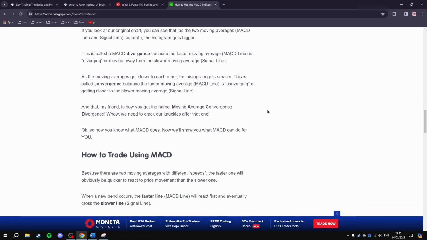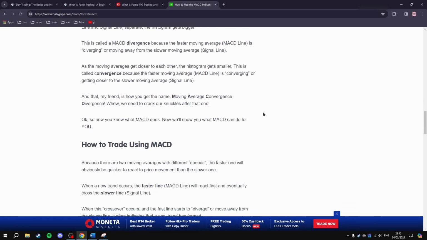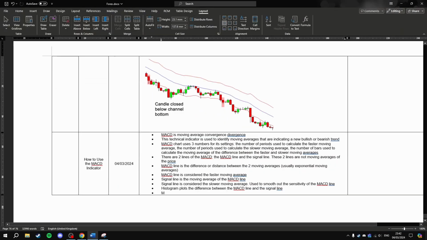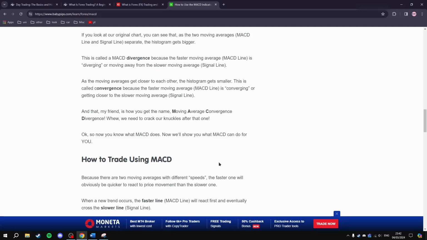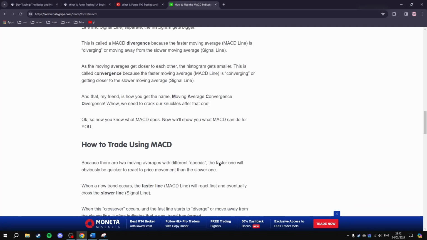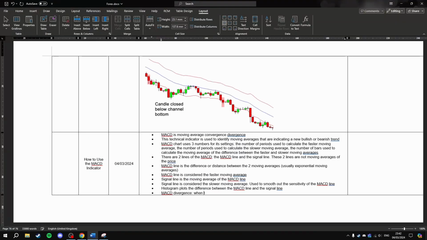This is called MACD divergence, because the faster moving average line is diverging, or moving away, from the slower moving average.